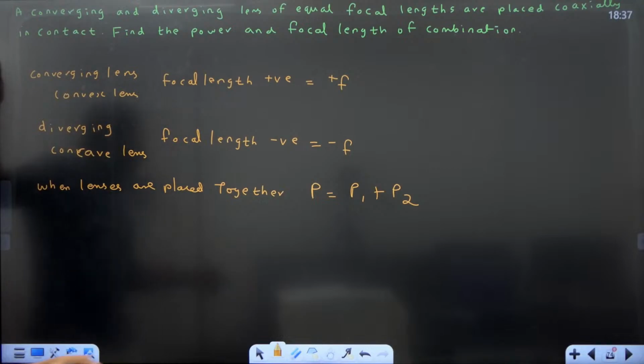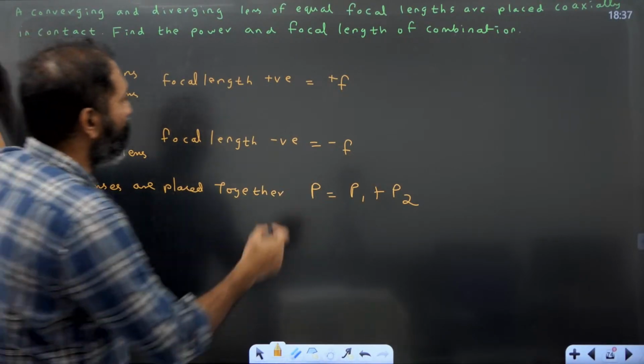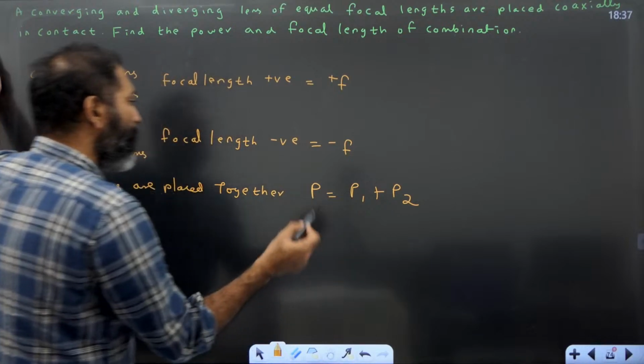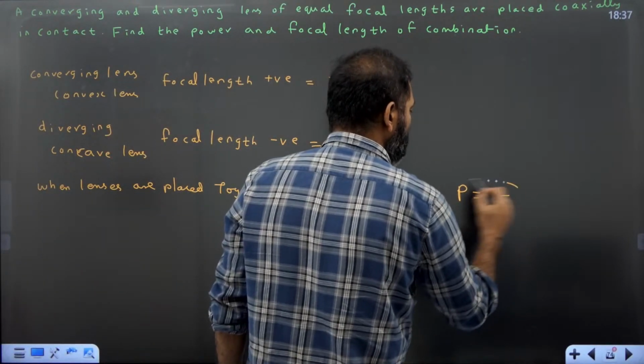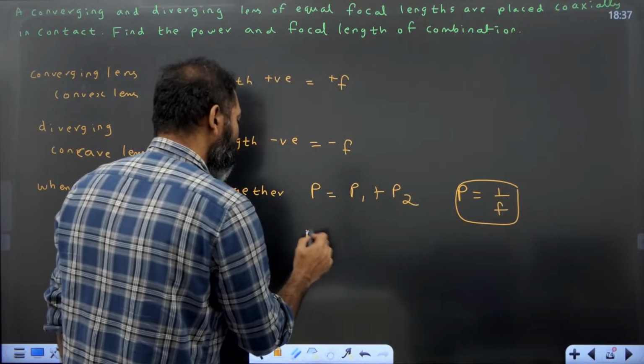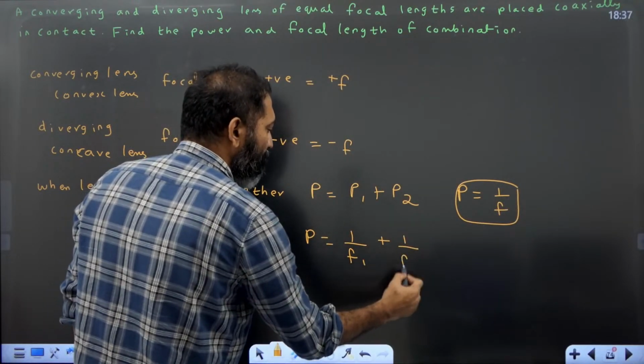What is the relation between power and focal length? Power is equal to reciprocal of focal length. So total power is equal to 1 by f1 plus 1 by f2.